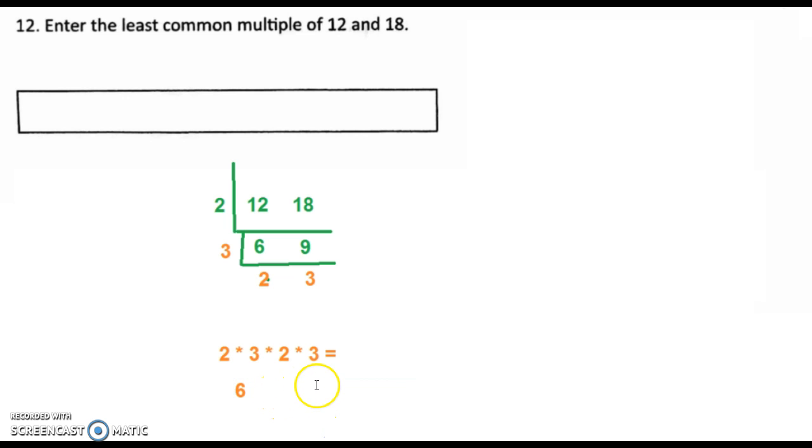And 2 times 3 equals 6. So 6 times 6 equals 36, which was the same answer we got on the other one, right? So that is our answer. Our LCM equals 36. All right.